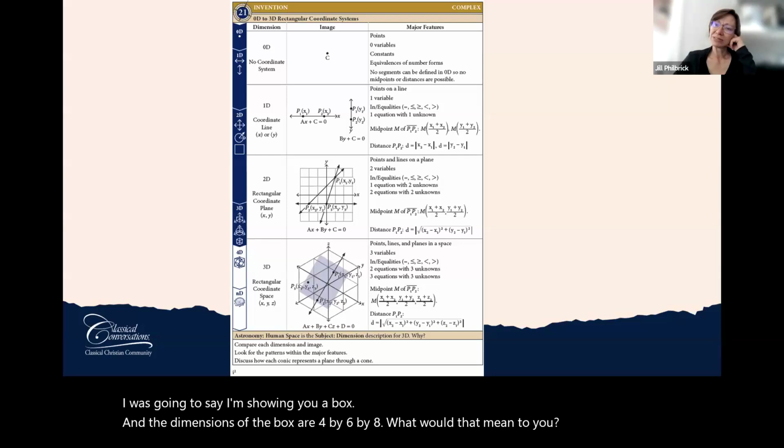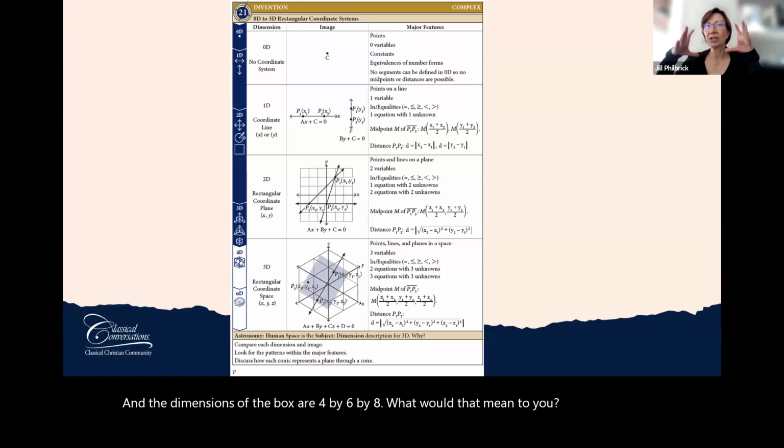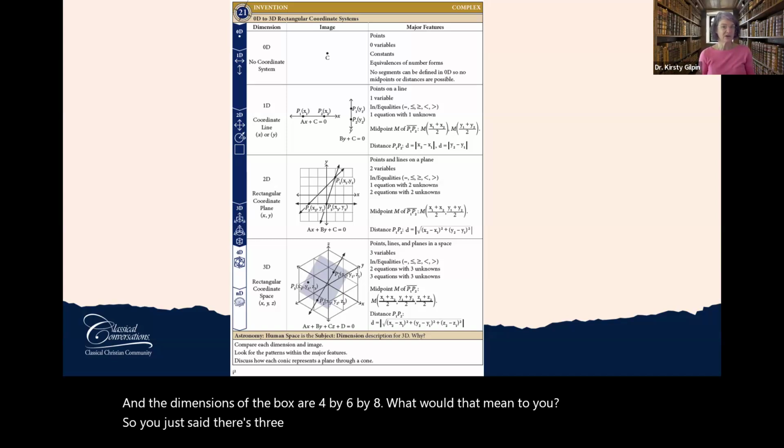That you can measure it 3 different ways, or 3 different measurements are needed to get the idea of the whole thing. Okay, so you said there's 3 measurements, and how many dimensions are there? 3 dimensions in that case, right?